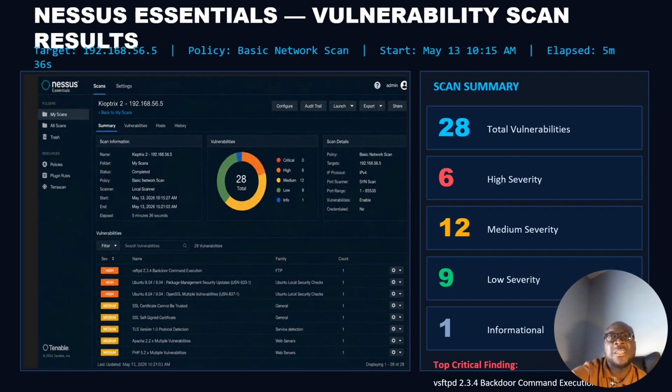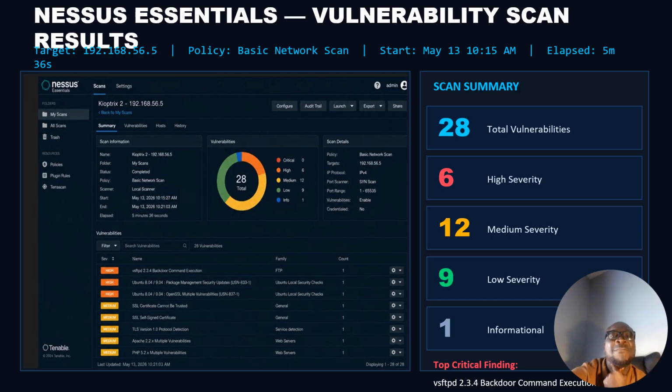Nessus Essentials performed a basic network scan against my Kioptrix 2 machine and completed in under 6 minutes, identifying 28 total vulnerabilities. The breakdown is 6 high severity, 12 medium, 19 low, and 1 informational.